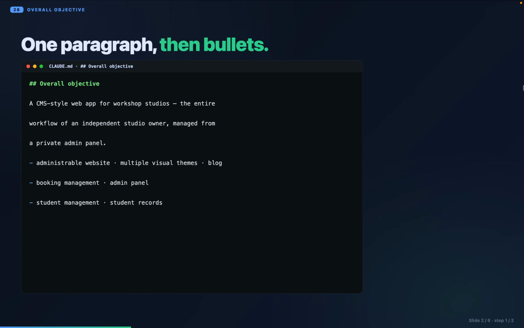Then bullet the capabilities: an administrable website, multiple visual themes, a blog, booking management, an admin panel, student management, and student records, plus availability and a calendar, and management of all the public information.